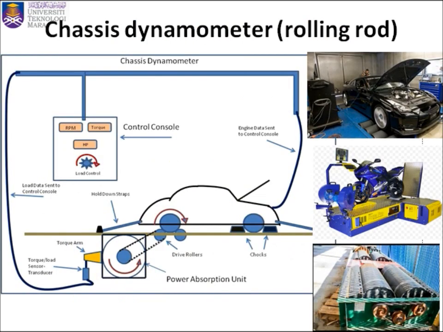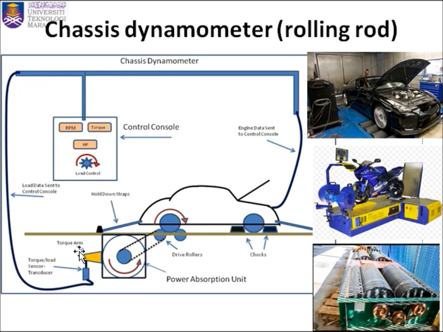Next is chassis dynamometer, rolling road. Here is an example of a chassis dynamometer. Engine data is sent to the control console, and then load data is sent to the control console.